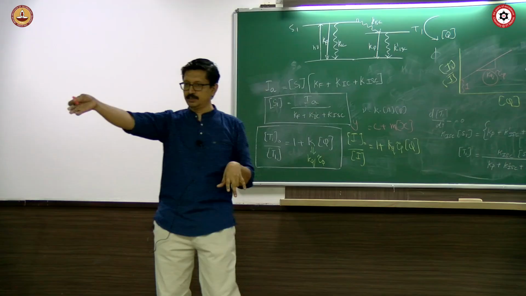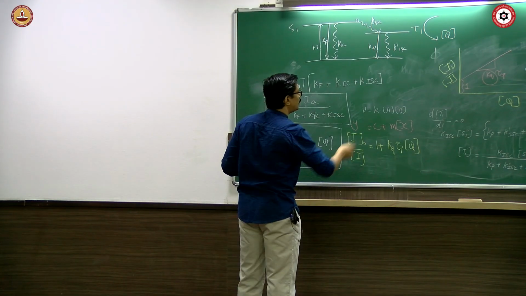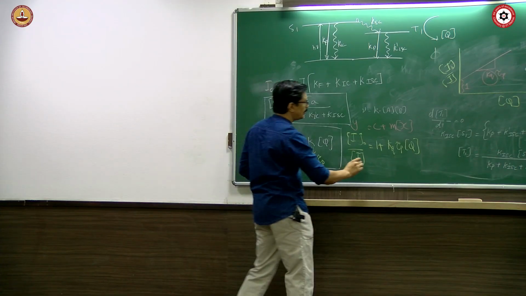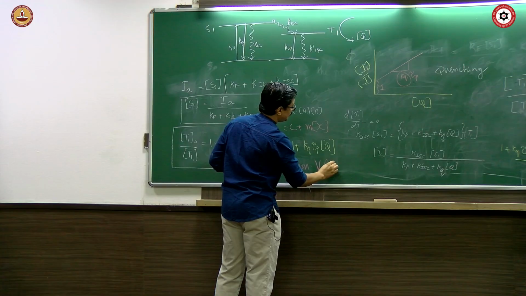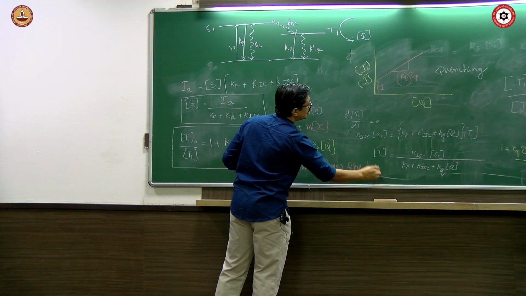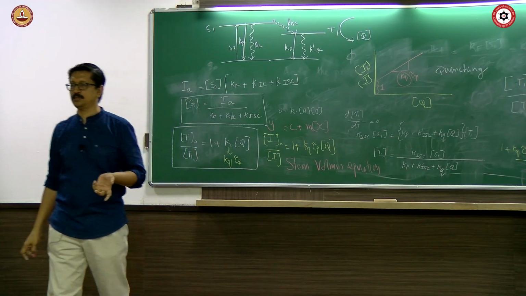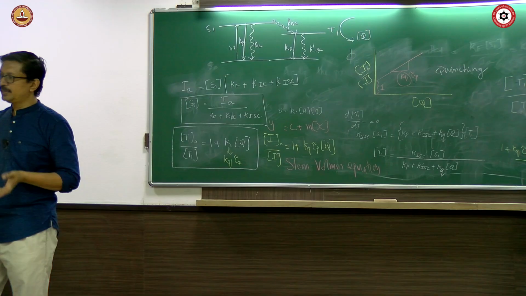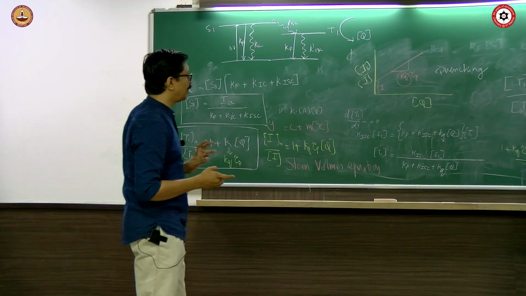There is a name for this equation. What is it called? Stern-Volmer equation. So what you derived here is called the Stern-Volmer equation. The Stern-Volmer equation is used to analyze the quenching process so that you can get quantitative information about this quenching.